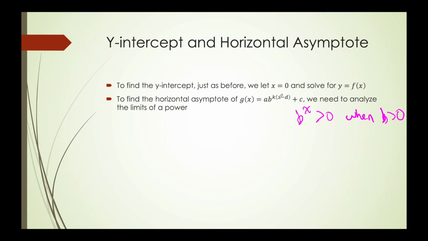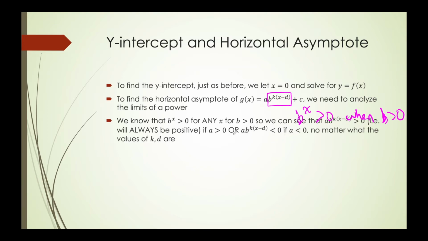So even if I had a different k or d value, my value will always be positive, if we just consider this power here. Well, what happens if I multiply this power by a? Well, there's two options. If a itself is greater than 0, then that means that this whole entire value here will be greater than 0.